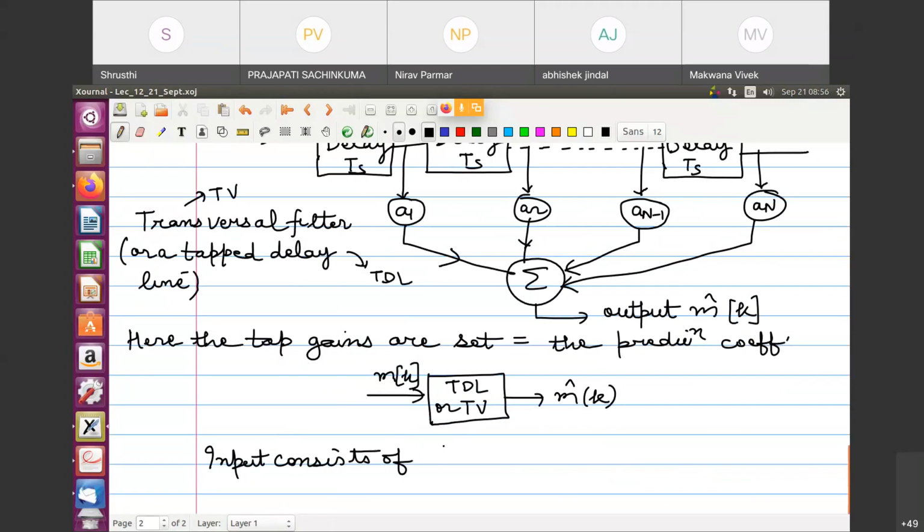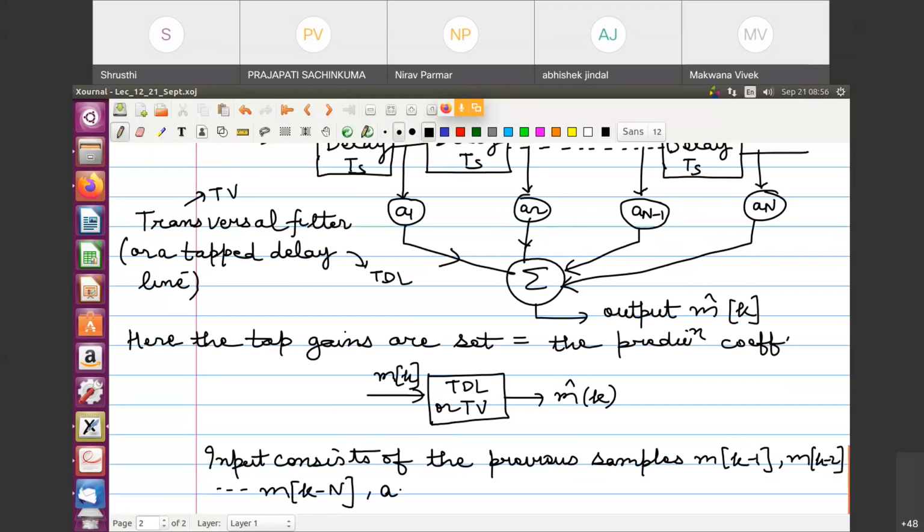That is why I will be drawing just a box around the text. So it consists of the previous samples: m of k minus 1, m of k minus 2, this goes on, m of k minus n.